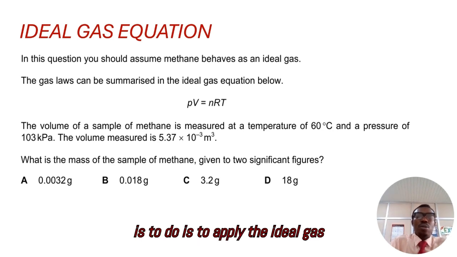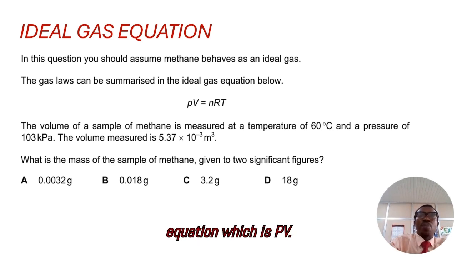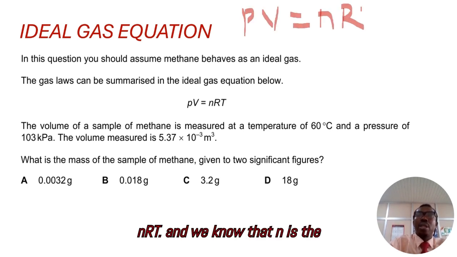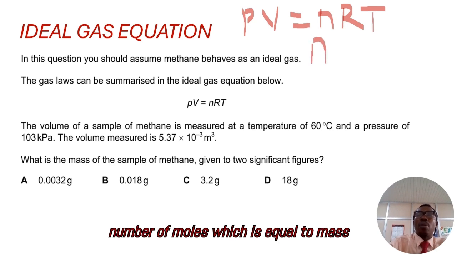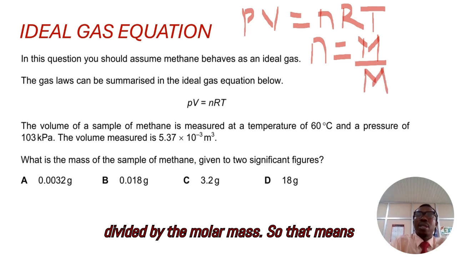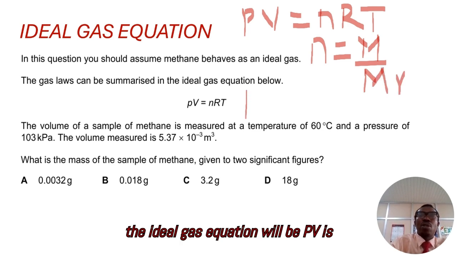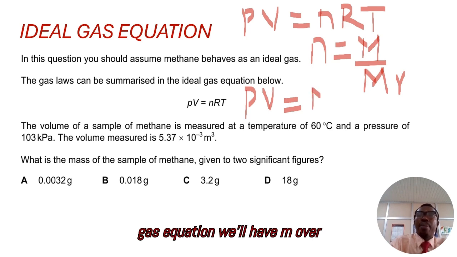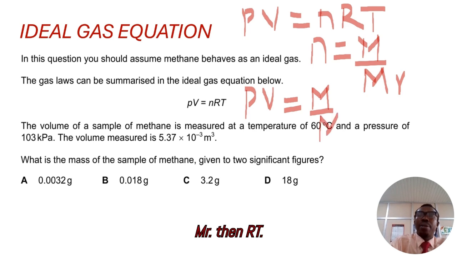So the first thing to do is to apply the ideal gas equation, which is PV is equal to nRT. I will know that n is the number of moles, which is equal to mass divided by the molar mass. So if you substitute n in the ideal gas equation, we'll have PV is equal to m over Mr, then RT.